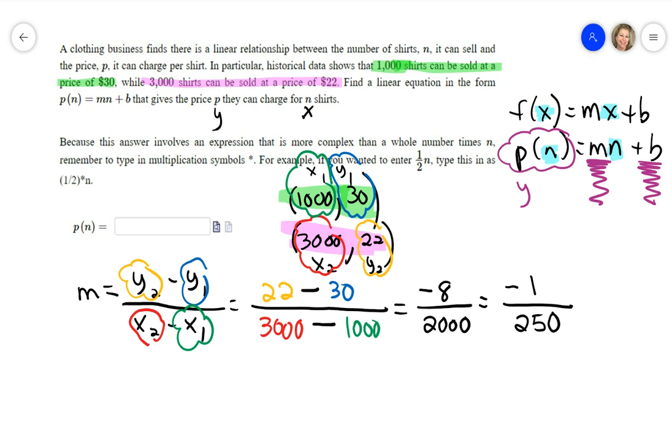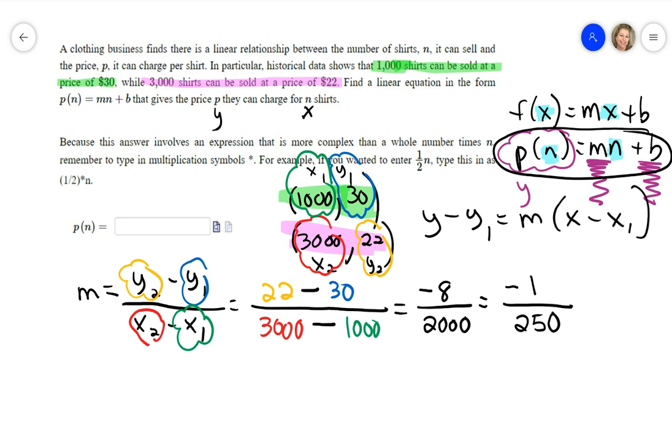Now, at this point, there's 2 ways you can do this. You can use the P of N equals Mn plus B form to figure out B, or you can use the point slope formula, which says y minus y sub 1 equals m times x minus x sub 1, and then pick one of these 2 points to plug in as your x sub 1, y sub 1.